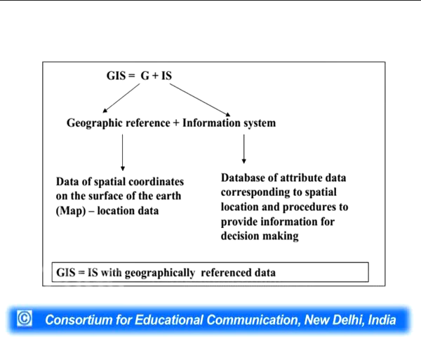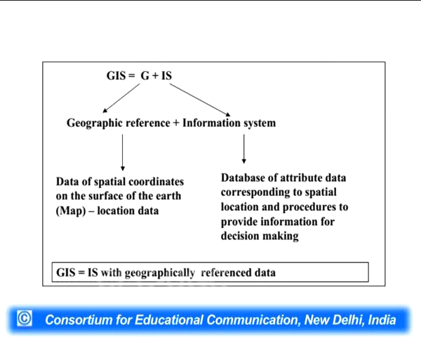Whatever data we put into a Geographic Information System should be in a geographic coordinate system. So it covers data of spatial coordinates on the surface of the earth, which is the geographic reference, plus an information system or database of attribute data corresponding to a spatial location, and procedures to provide information for decision making. So GIS is an information system with geographically referenced data.